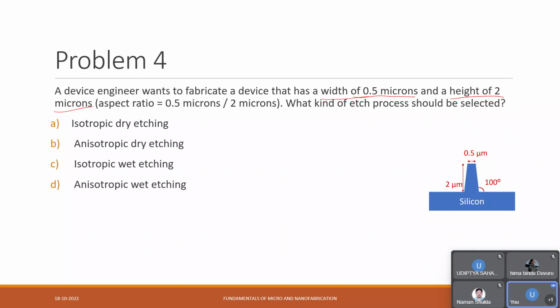So others do not have any quick answers. Then we will discuss the etch profiles first.